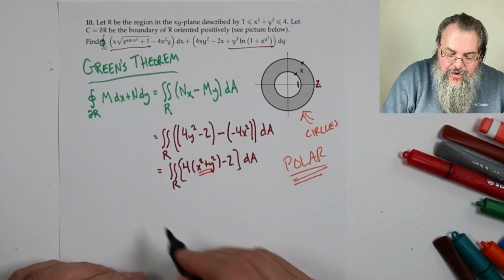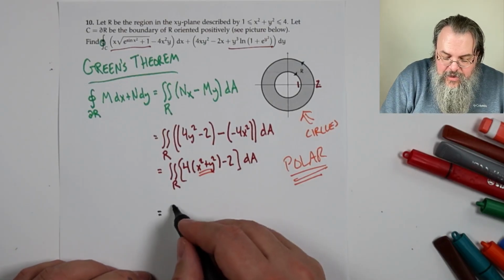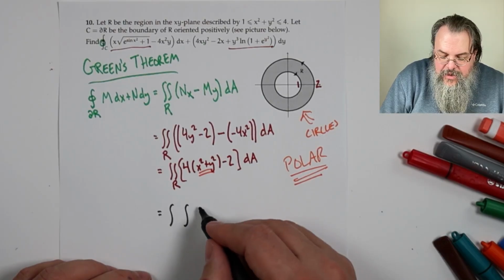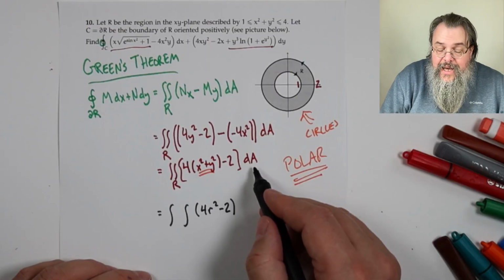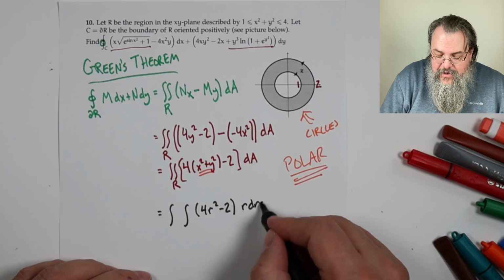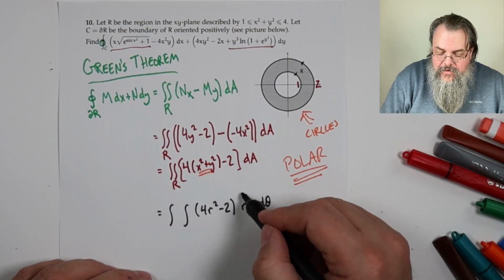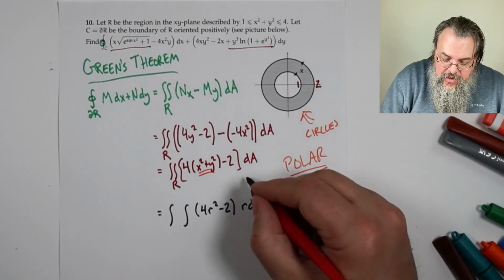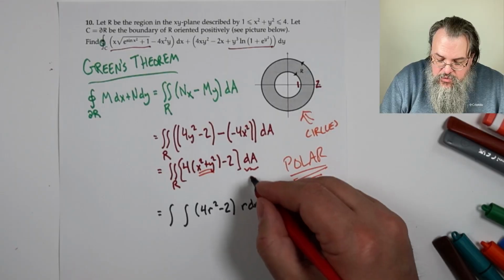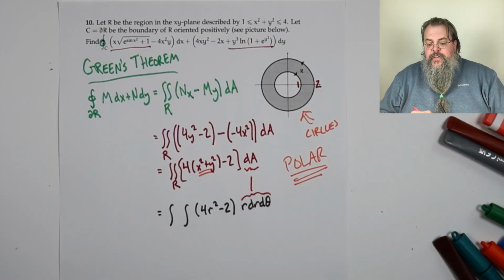So equals integral x squared plus y squared is r squared minus 2 dA, r dr d theta. Right, so that's the dA becomes r dr d theta.